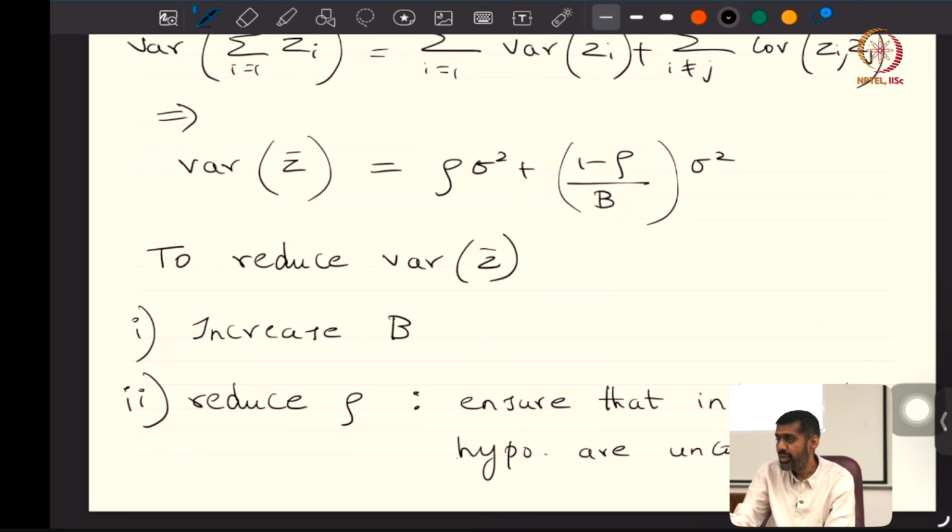Do you understand? Why do we do this? By doing this, we hope that since every node of the individual trees is sampled in a random manner, the correlated nature between these two decisions is lesser. So, you hope that the rho here will be reduced if you do this. Did you get the random forest algorithm?